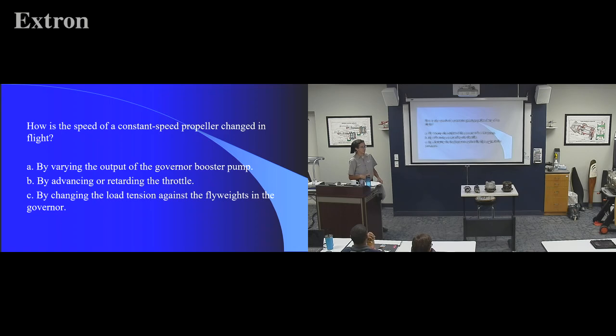So, with that thought, it's a very confusing way of saying it. Because what do you actually do to change RPM in the cockpit? Increase pitch.